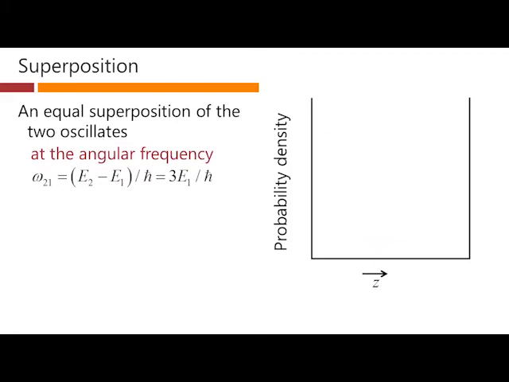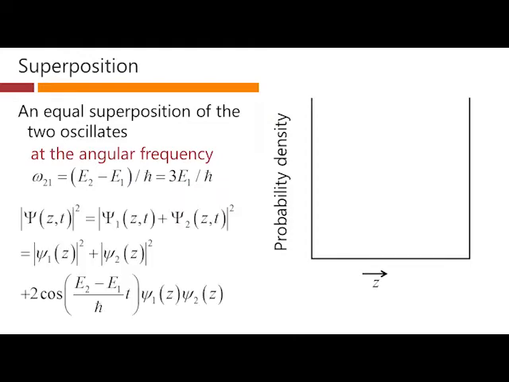So we're going to create our equal linear superposition of the two states, just as we've been discussing algebraically, and we think they're going to oscillate at this angular frequency. So here was our expression we had before. Note that we are adding up the two waves and then squaring them, the modulus squared, and we had worked this out before.